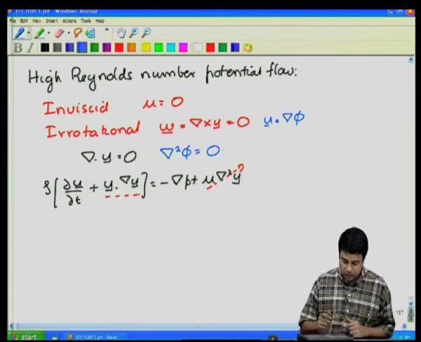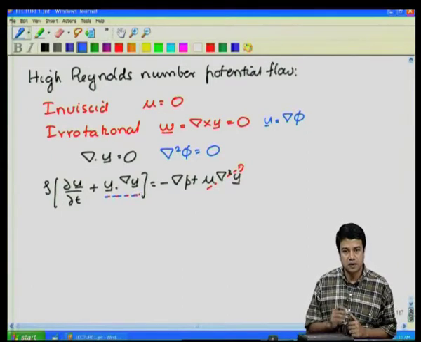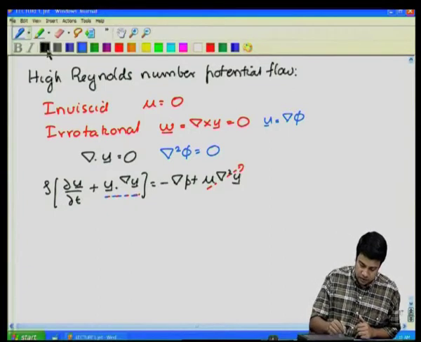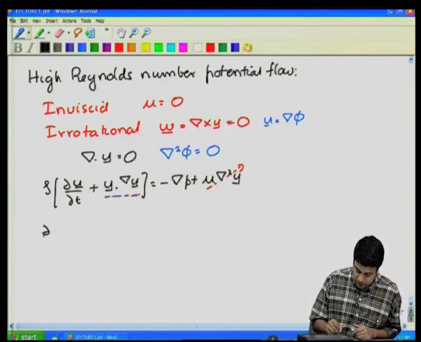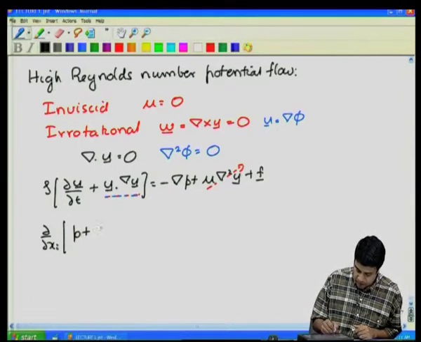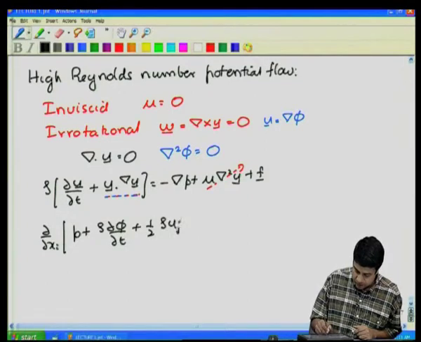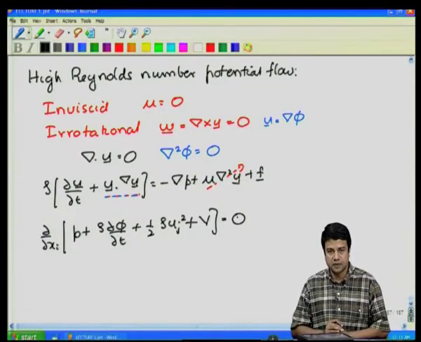And if you recall, we could simplify this term in the momentum conservation equation from the condition that the flow is irrotational. And once I do that, I get an equation of the form: the gradient of P plus rho partial phi by partial t plus half rho u squared plus any body force potential is equal to 0.